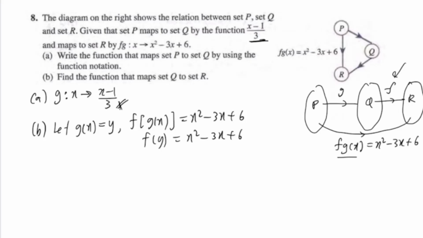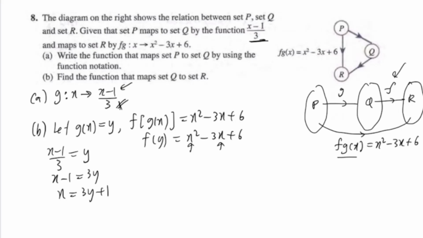Now, what are we finding? We're finding function f. To find function f, we must first find f(y), right? To find f(y), I must change all the x here into y. So the question is, what is the relationship between x and y? We go back to your g(x). Your g(x) is (x minus 1) over 3 and is now equal to y, right? So what we're going to do is make x the subject. x is 3y plus 1.